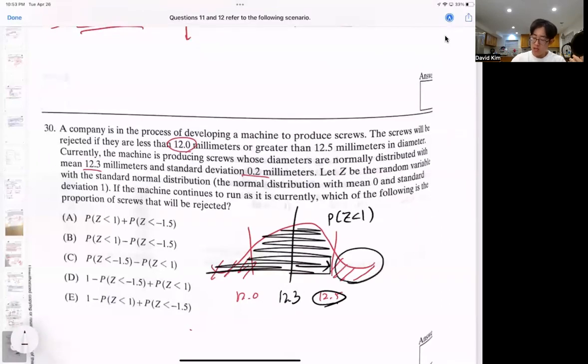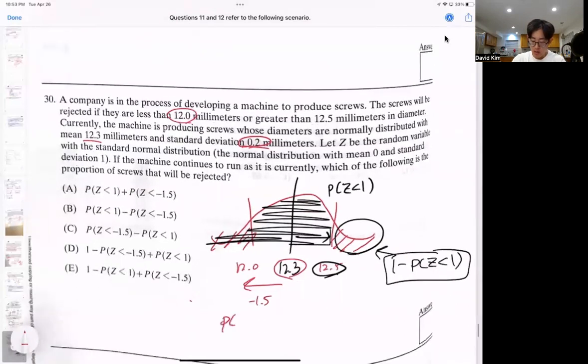But if I want to take into account how much probability this is, well, that is 1 minus the probability of Z score less than 1. So that right-hand side probability is represented with 1 minus P(Z < 1). Now, how do we go from 12.3 to 12.0? How many standard deviations did you move left by? Well, the standard deviation is 0.2, and I need to go 0.1 more. So that's about negative 1.5 standard deviations to the left.